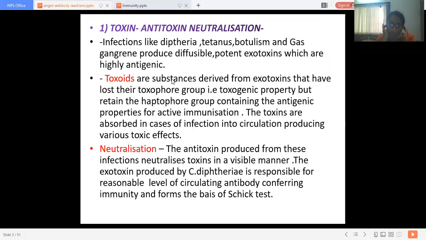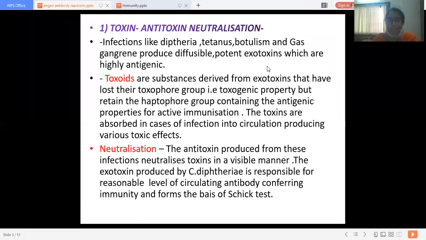Now, what are toxoids? Toxoids are the substances derived from exotoxins. These toxoids are exotoxins that have lost their toxophore group, that is the toxogenic property, but retain the haptophore group containing the antigenic properties for active immunization.